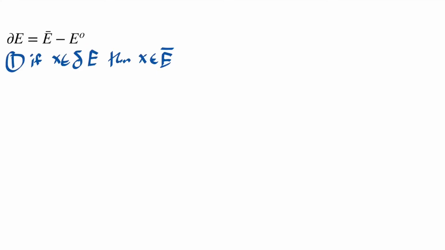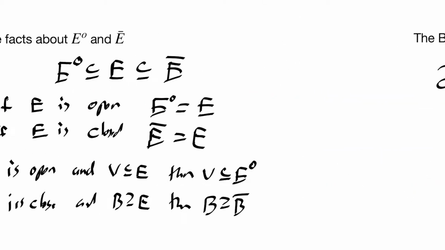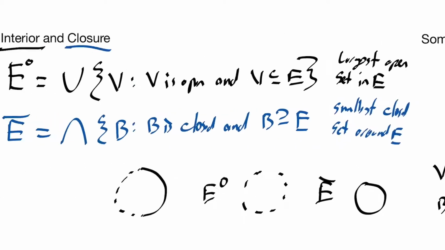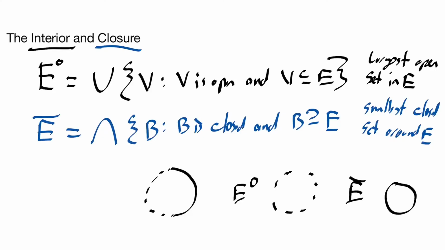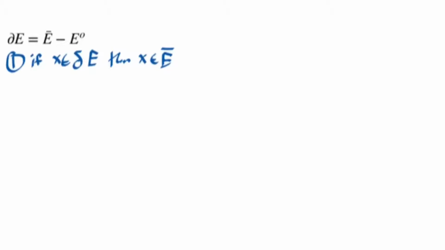So here's a couple proofs that I think we could do. If x is in the boundary, then x is in the closure. So what am I going to do? Well, remember what my closure definition means, and sorry, I'm running way over here: it's the union of all B where B is closed and B is a subset of E. So I have to start with an arbitrary closed set in order to make this proof go.